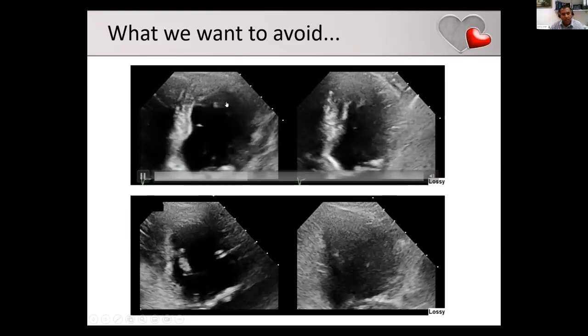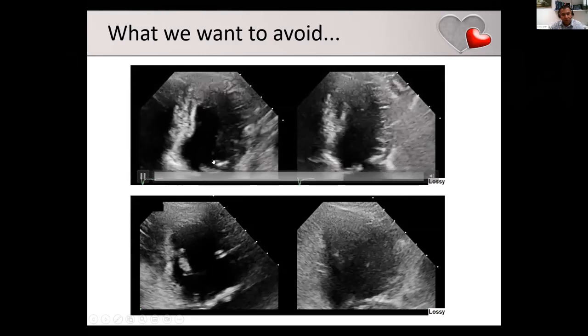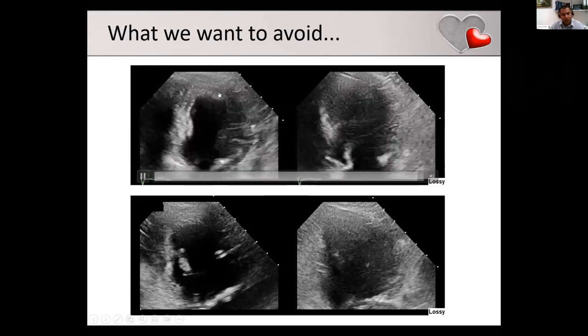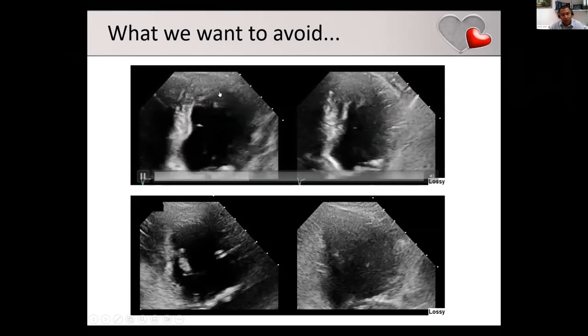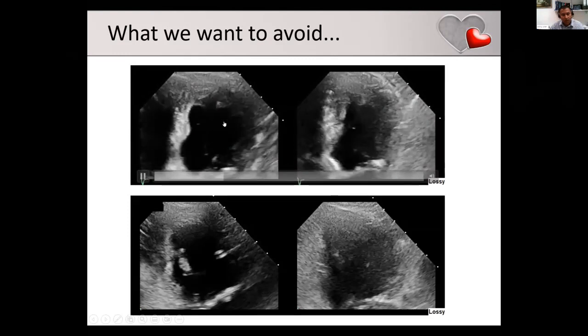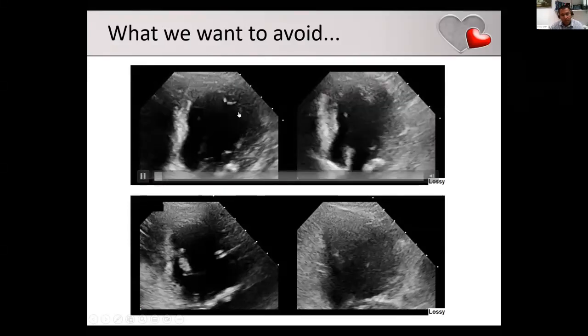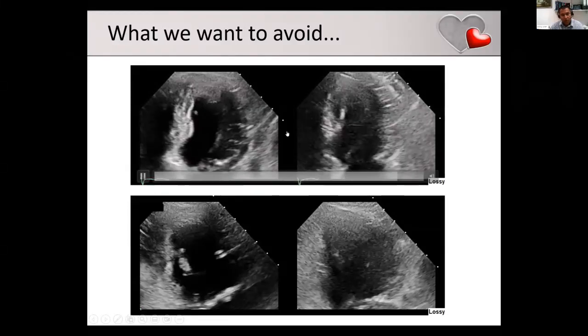But you can see here, apart from the fact that this ventricle is extremely foreshortened, that actually in the lateral wall, you've not got clear endocardial border definition. We know that there's a papillary muscle here with subvalvular apparatus. So where is the actual endocardial border of the anterolateral wall? And this was at rest.